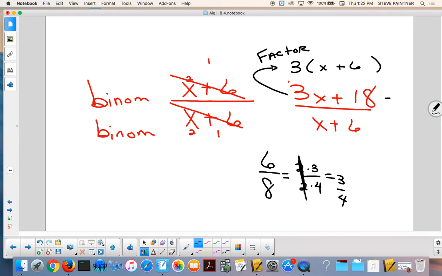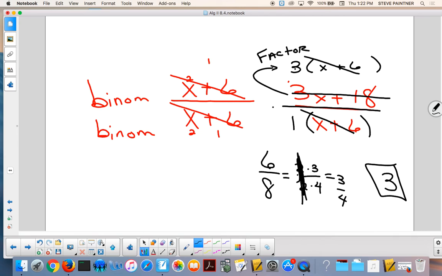So really, this number is just 3 times x plus 6, divided by x plus 6. Now what do you think? Cancel. Yeah, this number and this number can cancel, just like the 2's did here. So then your answer becomes what? 3 over 1, which is basically 3.